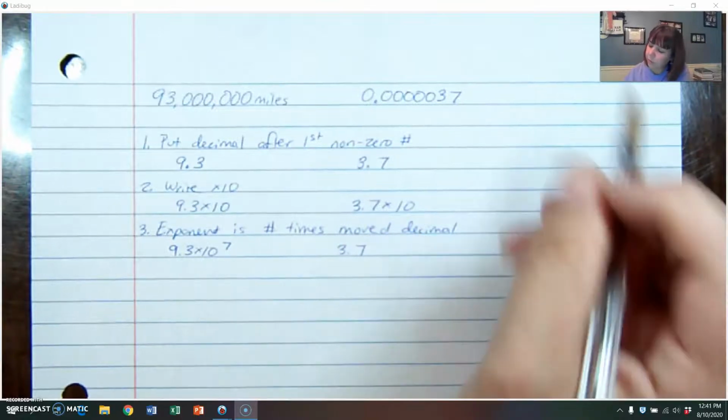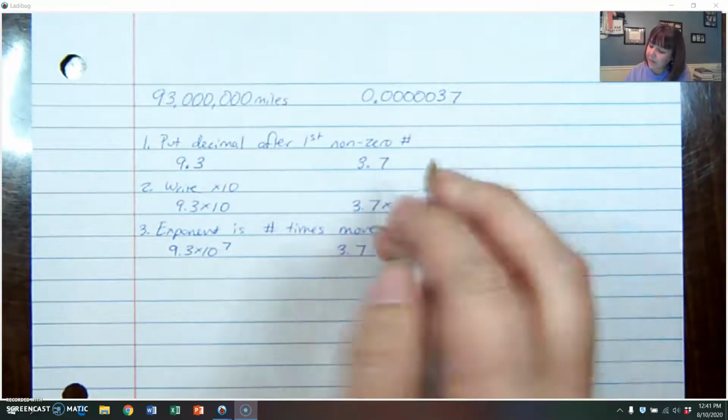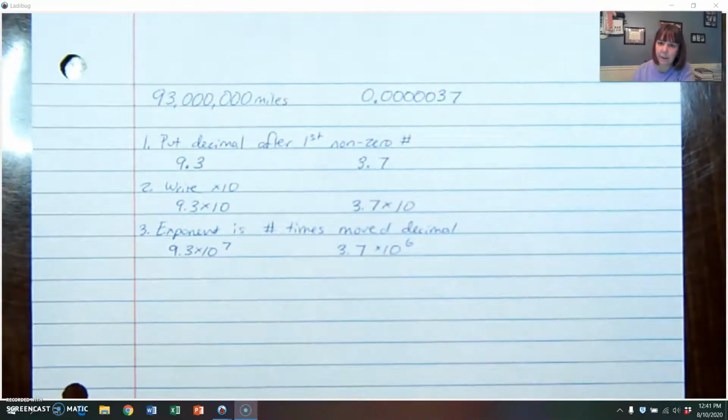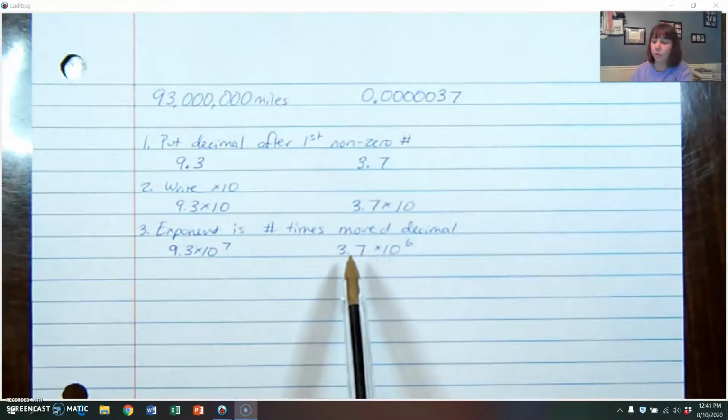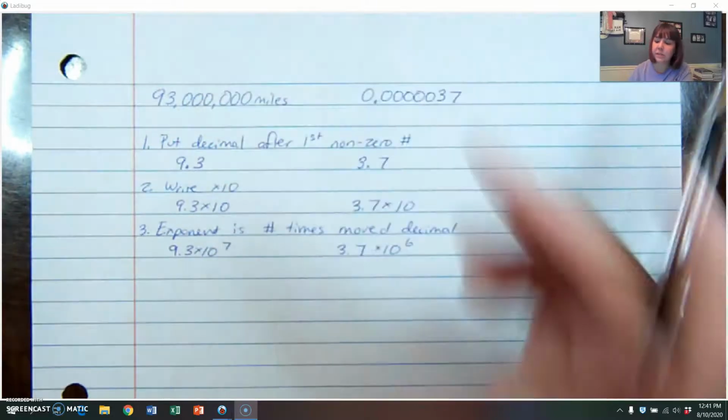On this other example, we moved it 1, 2, 3, 4, 5, 6 times. So times 10 to the 6th, okay? Now, our final little piece is that these two look like they should be about the same number. You've got times 10 to the 7th, times 10 to the 6th, they're very close. How do we denote that one is a very, very large distance and one is a very, very small distance?